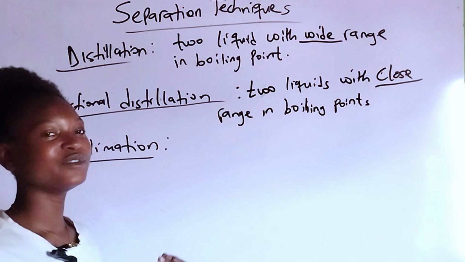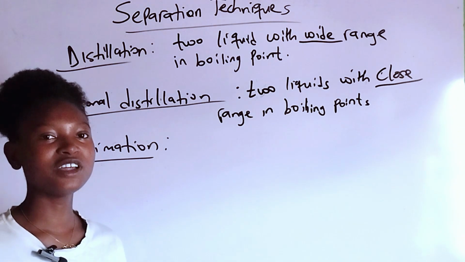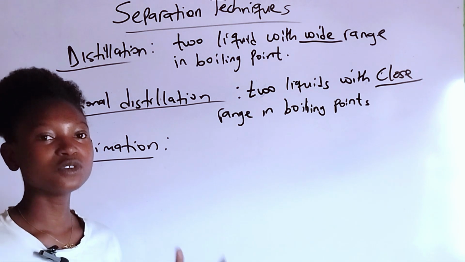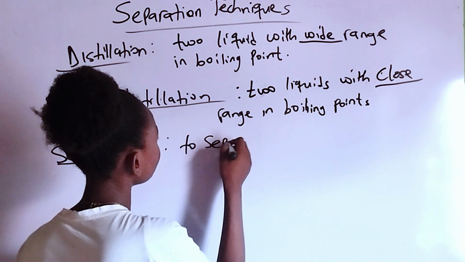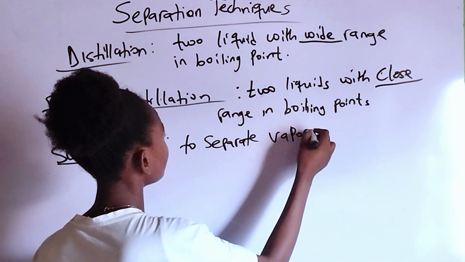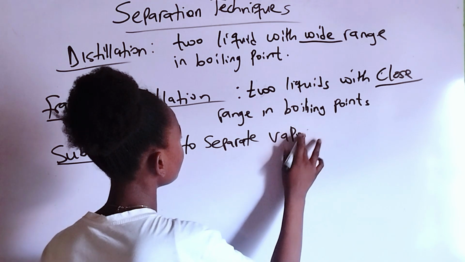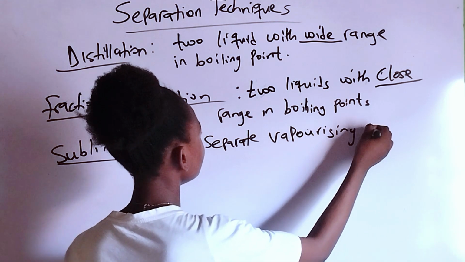Another method that we can use is sublimation. Sublimation is also a type of separation technique, and it is used to separate vaporizing solids.